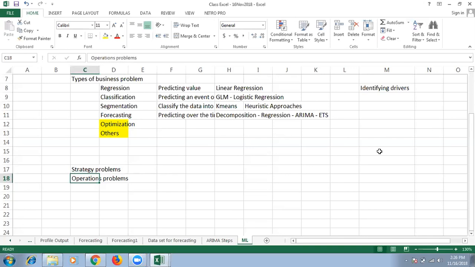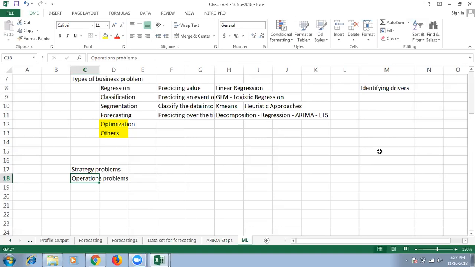And what about operations problems? An operations problem is something where you need to take a decision. When I say you, I mean you are representing a company. As an analyst, suppose I'm working for the Tata Group, then you are representing the Tata Group, and you need to take a decision very quickly.